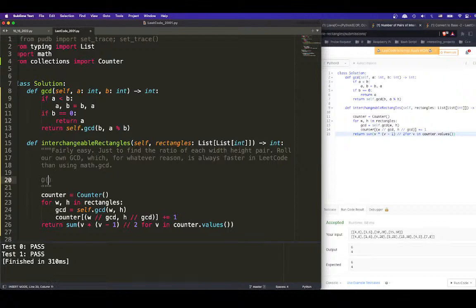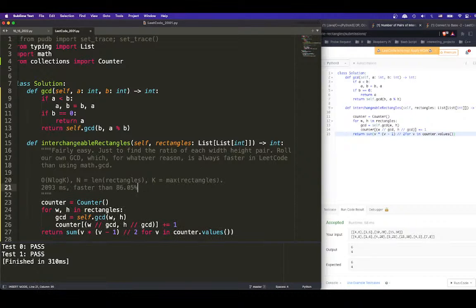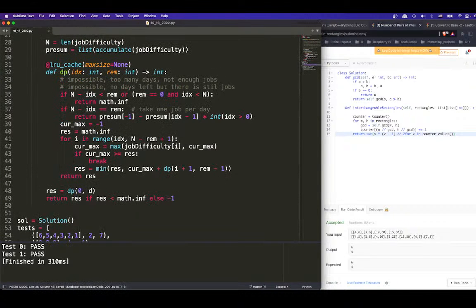It would be O(n log k), right? And n is equal to the number of rectangles, k is equal to the maximum rectangle dimension. You know what I mean. Okay, so this one's done.